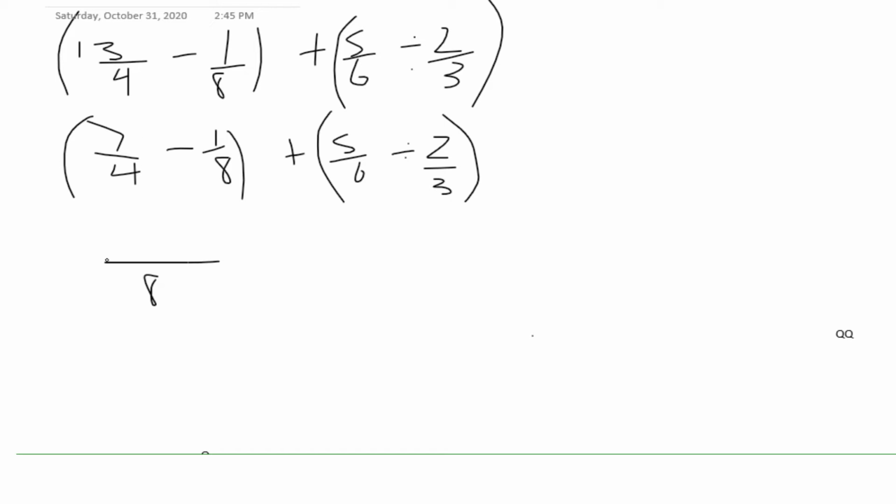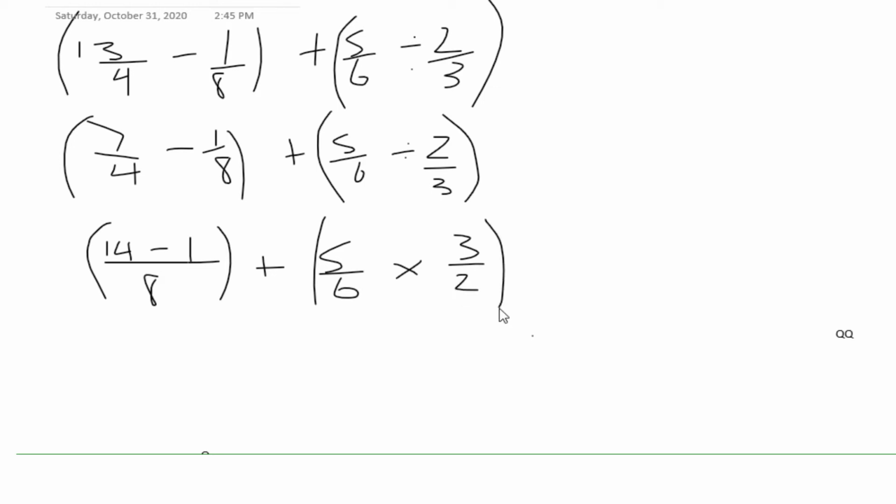So 2 times 7 is 14, minus 1, plus 5 over 6, times, we're going to flip this, we get 3 over 2. Remember when we're dividing and we change the sign to multiplication, we have to flip it.